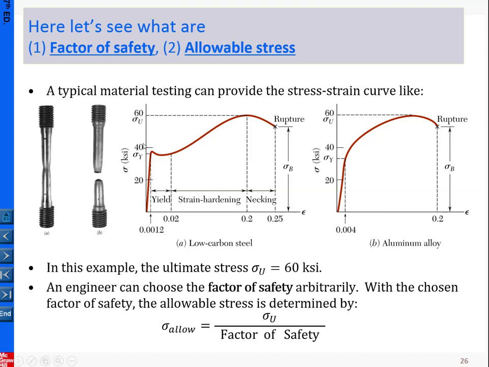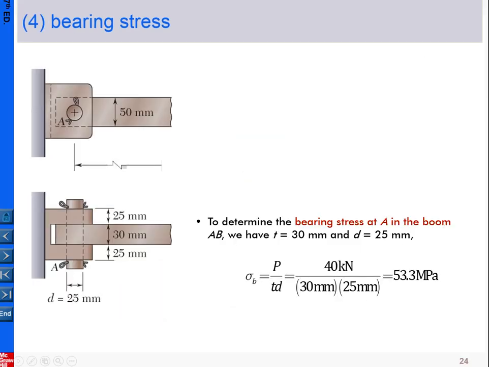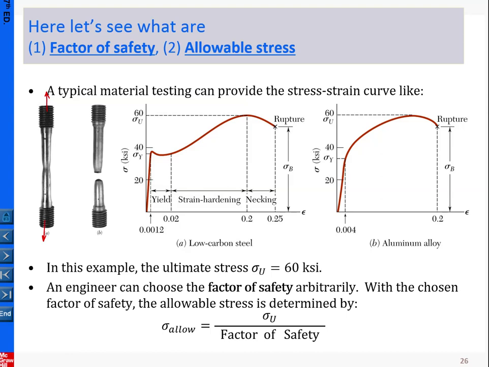These properties can be determined by applying what we call uni-axial loading. Here is the loading applied in the axial direction, and we slowly, incrementally increase the magnitude of the force until the material is broken into two pieces.